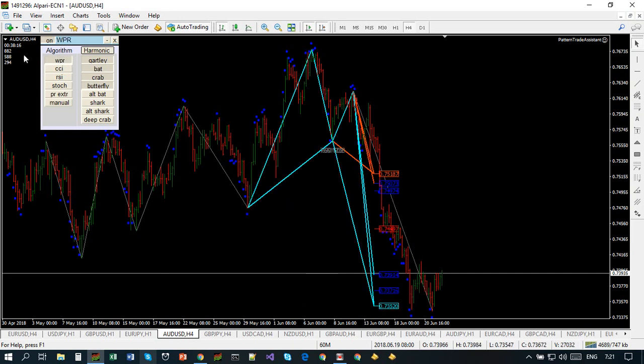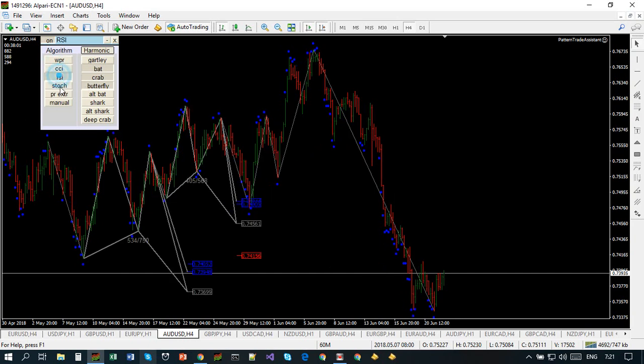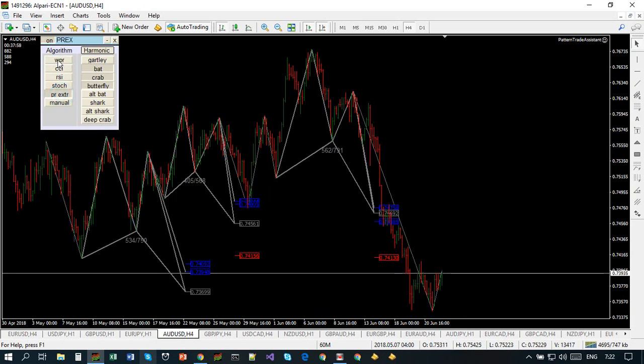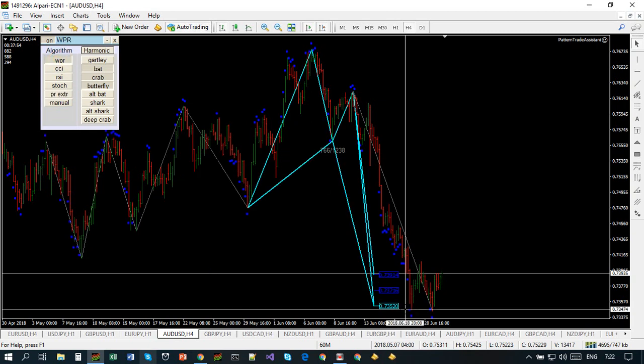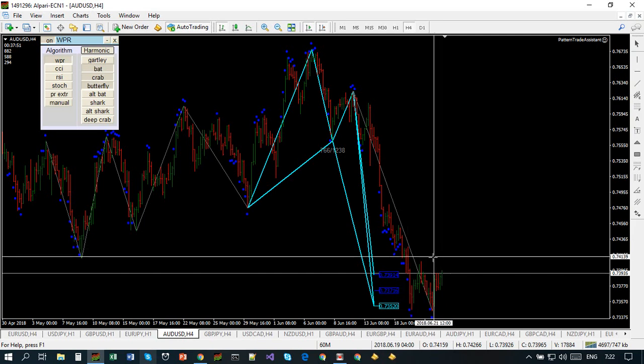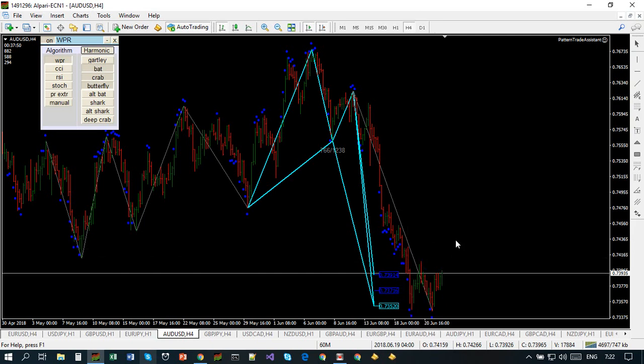A crab formation, but it is only seen by 1% range. So let me disable this godly. It is only seen by 1% range. It is the only algorithm that distinguishes this pattern. So maybe you will need a confirmation. You see, other algorithms don't see the pattern. Maybe you will need a confirmation, and this confirmation is this double bottom. If it breaks the neckline, maybe this will be a good trading opportunity. For me, it's not enough. It's not an obvious pattern.